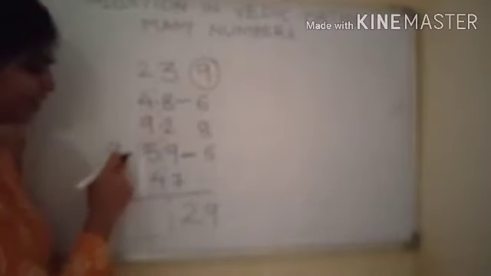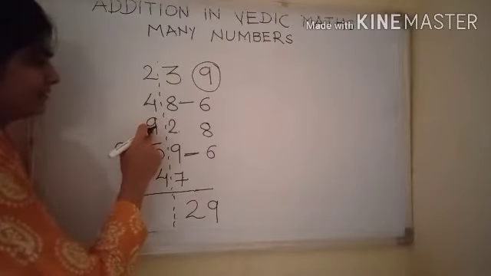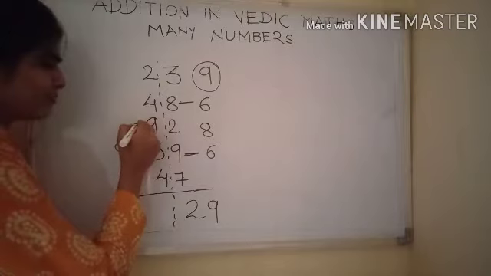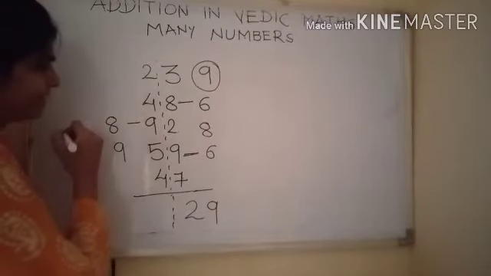Now come to this side. 4 plus 5, the answer is 9. It is a non-carry combination, so no hyphen. 9 plus 9, it is a carry combination, that's why a hyphen, and the number is 8.